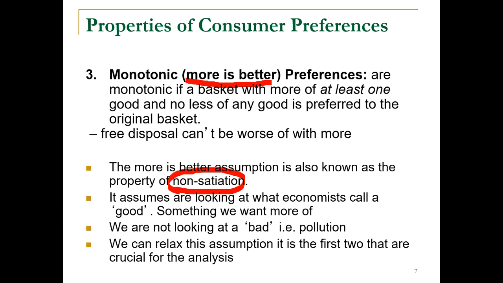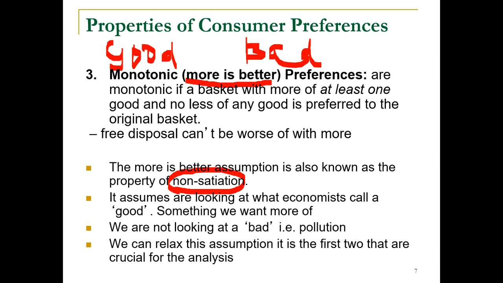The assumption is that people want more of a good, and there's a difference between a good and a bad. A good is anything that consumers want more of than less of, and a bad is anything that consumers want less of than more of. An example of an economic bad is pollution.